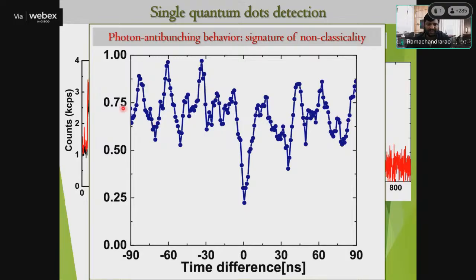Then you see that at zero delay you have a dip in the photon correlation, which means a single photon is detected at the tip of the fiber. So you are able to generate a single photon using a quantum dot, detect a single photon using an APD, and manipulate the single photon using the fiber. All three of them are integrated in one platform.